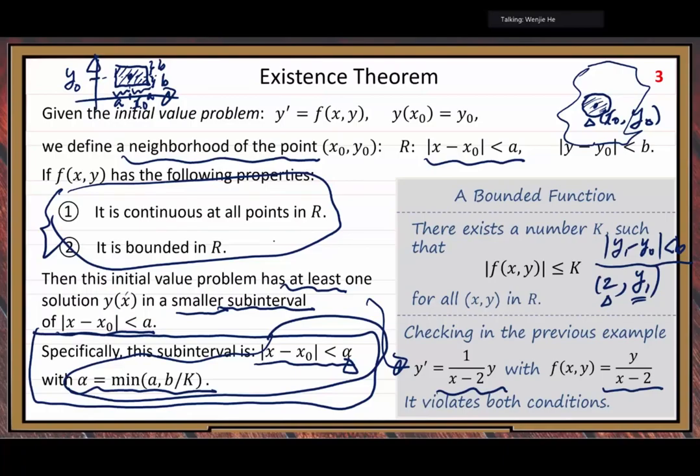So in calculus, how do we define continuity of a function? Let me use a simple graph to explain. Suppose at one point, let me make this point x0, I draw a curve.